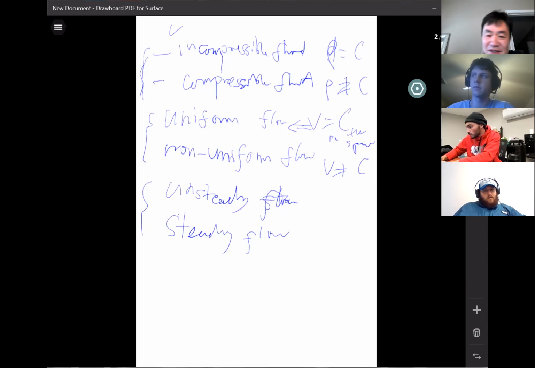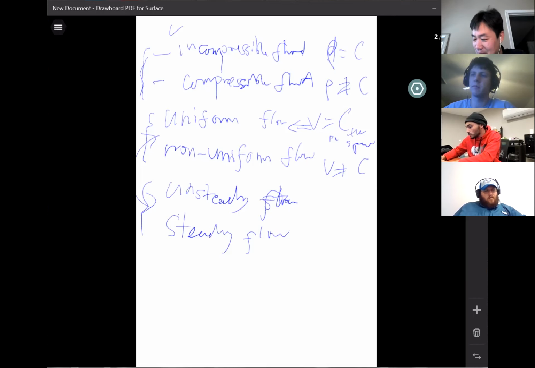So this is a totally independent question compared to the previous one. Uniform and non-uniform doesn't care about steady or unsteady, doesn't care about time. Here, steady or unsteady doesn't care about other locations, just any given location. So I check every sensor: number 2, number 3, number 1, number 999, all the sensors.